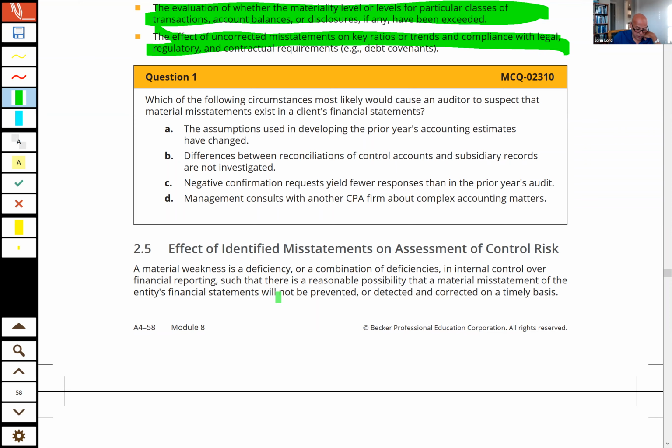And yeah, we got a pretty good response here. Okay, good, 90%. Now, when you look at this question, it says which of the following circumstances would most likely cause the auditor to suspect that there's material misstatement existing in the financial statements. So if the auditor suspects that the material misstatement exists, what is that telling you about my risk of material misstatement?